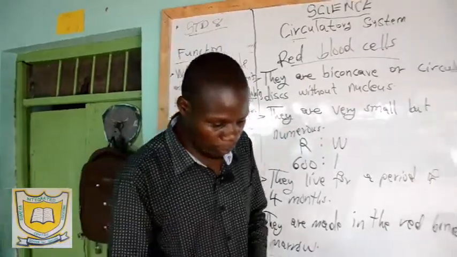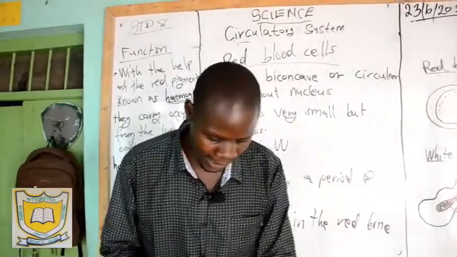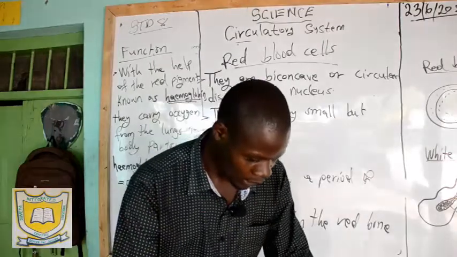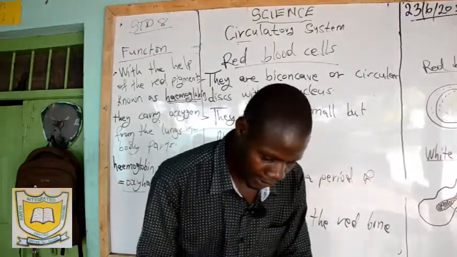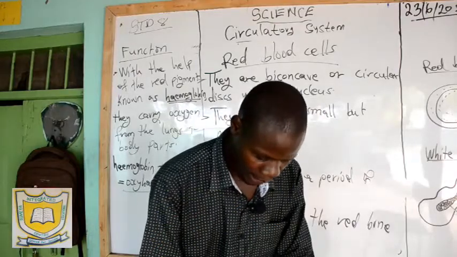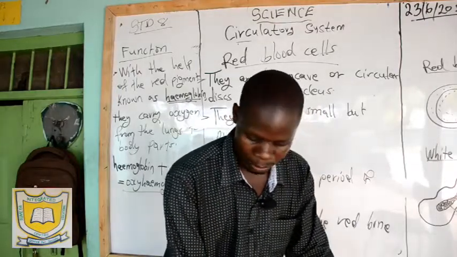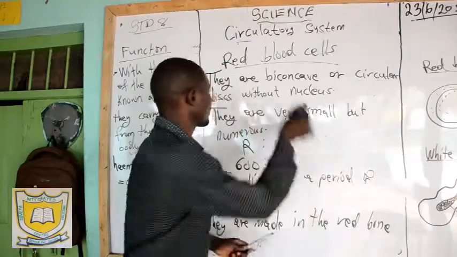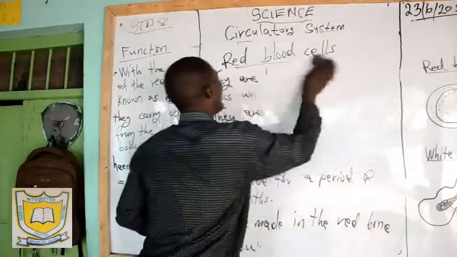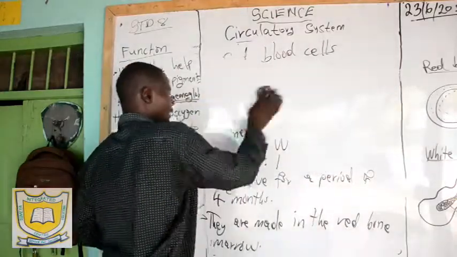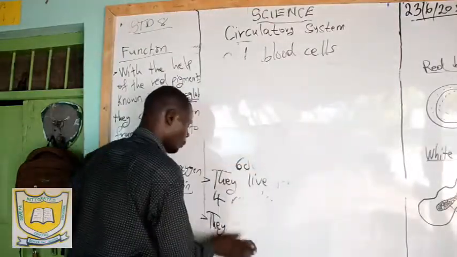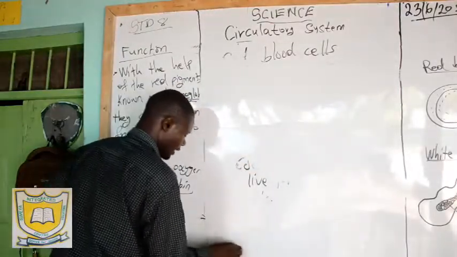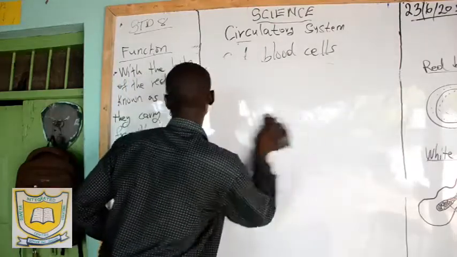So you will allow me to talk about the third component of blood, which is white blood cells. Whenever we talk about the red blood cell, remember white blood cells, because sometimes there are comparisons of their functions, their shape, and so on.